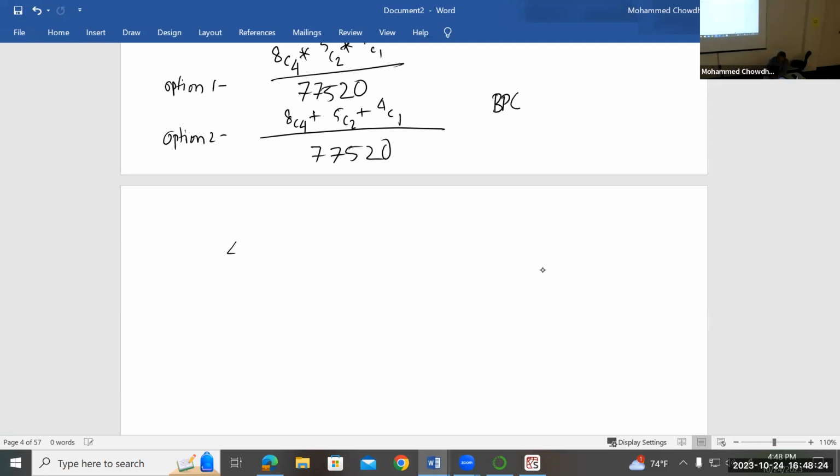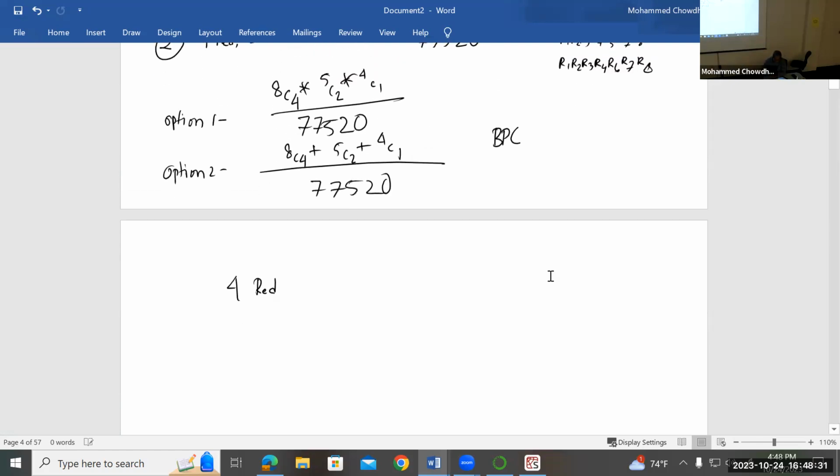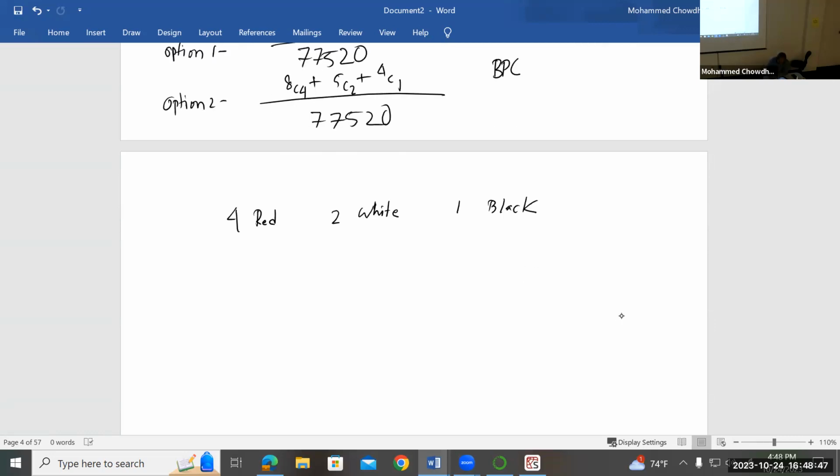So 4 red, 2 white, and 1 black. 4 red could be red 1, red 2, red 3, red 4. And it could be red 1, red 2, red 3, red 5.